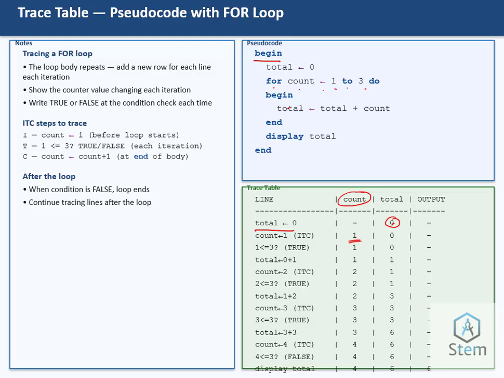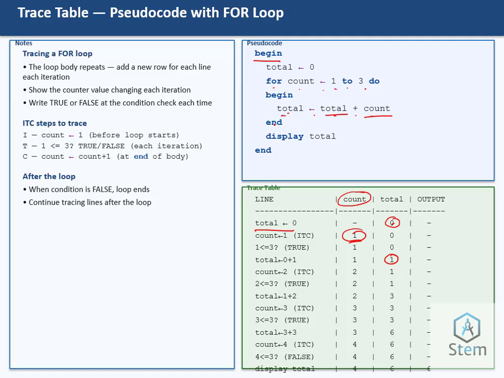We then say total equal to old total plus count. New total is assigned a value of old total plus count. Count is 1, so total is going to become 0 plus 1, so total becomes 1.